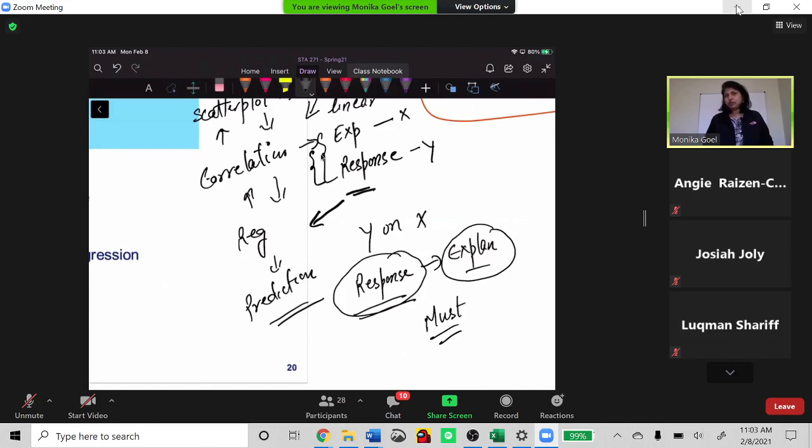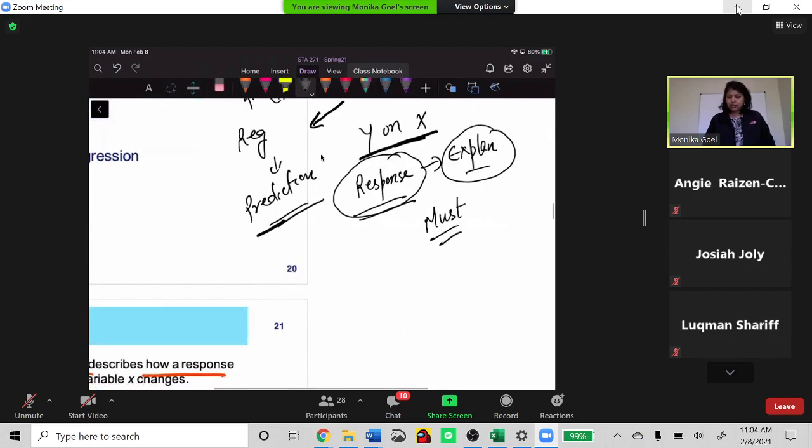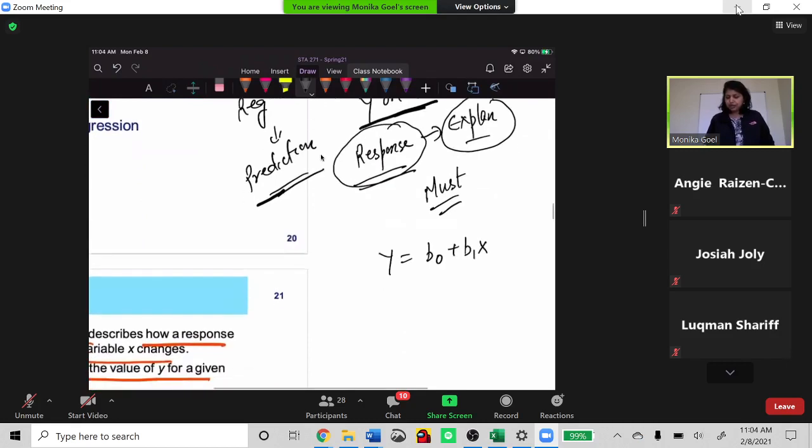So once we know which one is explanatory, which one is the response, and what we are predicting, then we can do the least square regression line and predict the values of y on x. And we use the equation for the regression line. This is the equation. And when we predict, we put a hat on top of our response variable.